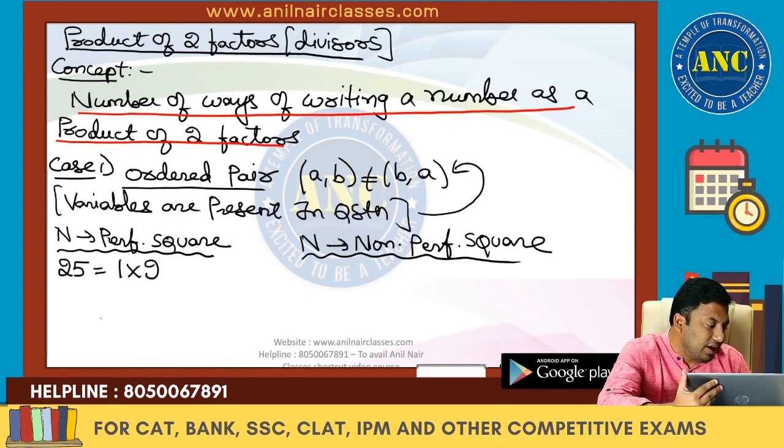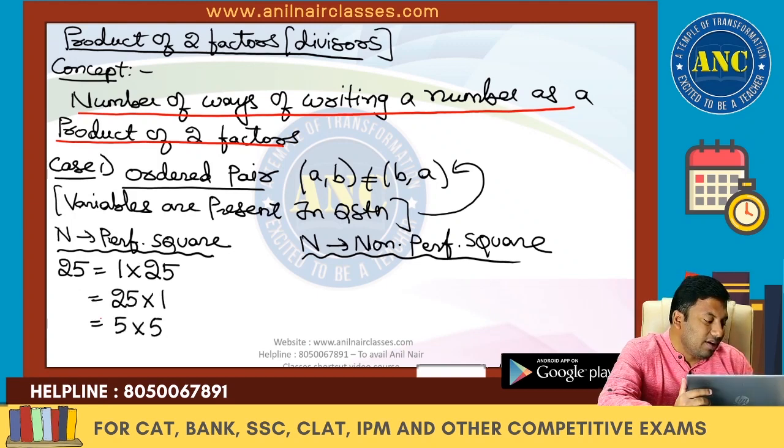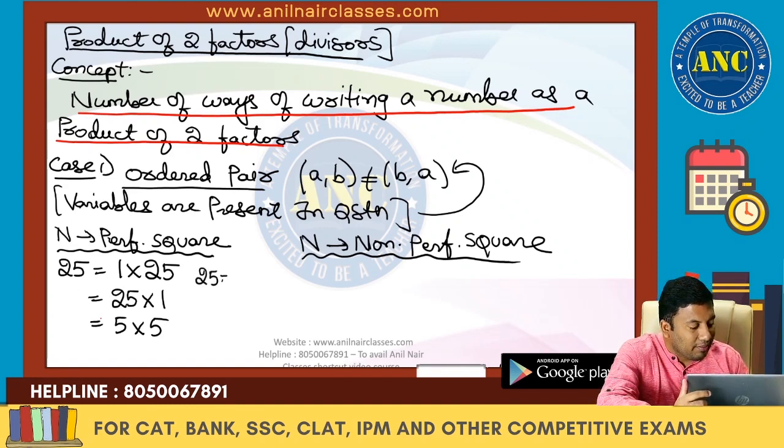25 is 1 into 25. Reverse is also valid, 25 into 1. 5 into 5. Reverse is also 5 into 5, so you don't need to write it again. 25 is nothing but 5 square. How many factors are there for this number? 5 power 0, 5 power 1, 5 power 2.